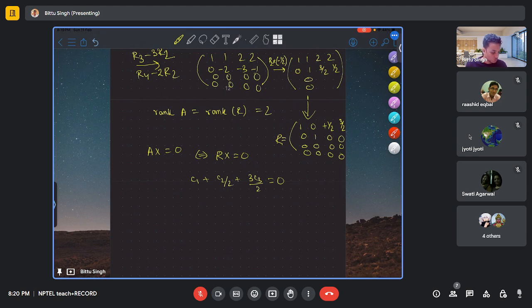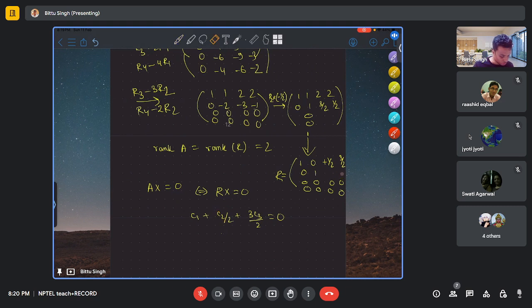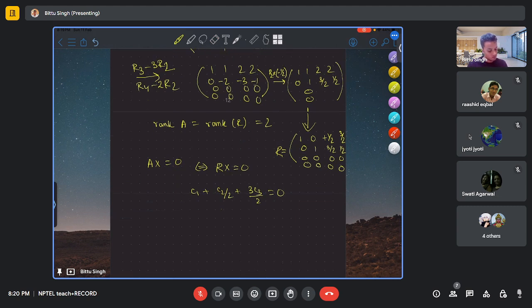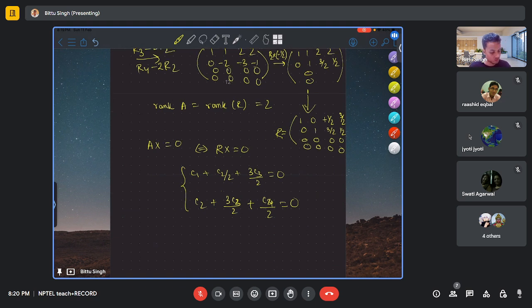And the second row will give C2 plus 3C3 by 2 plus C4 by 2, this is 0. Rx equal to 0 gives those two equations, because others are 0 equal to 0. We have not written those two extra equations corresponding to third and fourth rows.